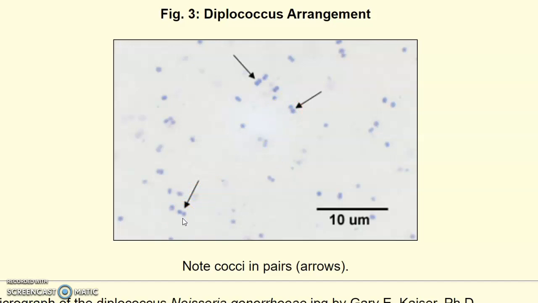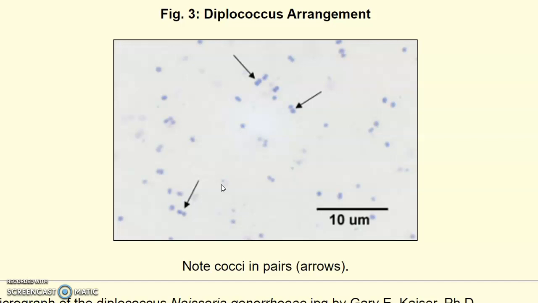So one of the characteristics, if you will, of these diplococci is that they exist in nature just like this. They'll be stuck together due to how they replicate. So this is helpful for diagnostic purposes because if we took a sample, for instance, from a female vagina that was suspected of having gonorrhea, then we could do a gram stain and look for that diplococcus arrangement that could give us a definitive diagnosis for gonorrhea.